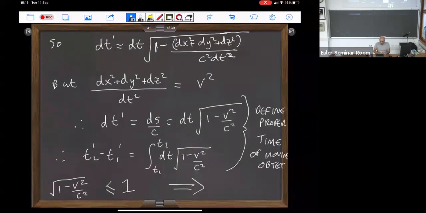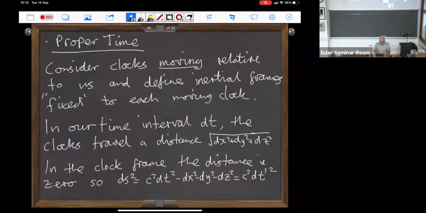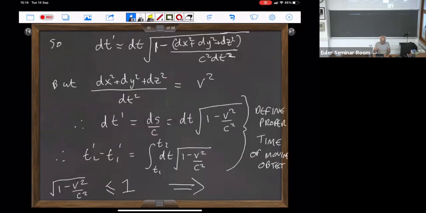So just to go back, I'm just rearranging this formula and taking the square root. But the point is that dx by dt is the velocity in the x direction, dy by dt the velocity in the y direction, and dz by dt the velocity in the z direction.